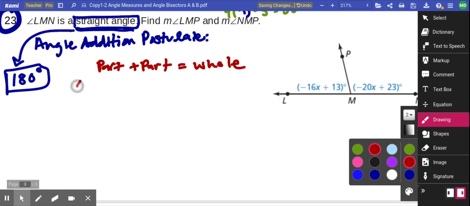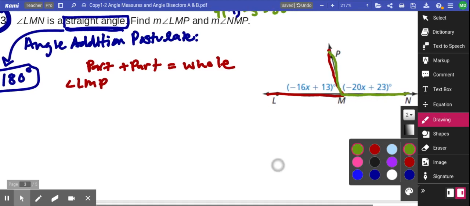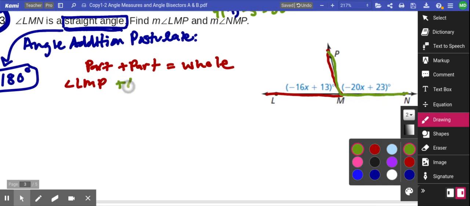That means angle LMP plus angle PMN is going to give us our whole straight angle, angle LMN. So let's plug in what we know.